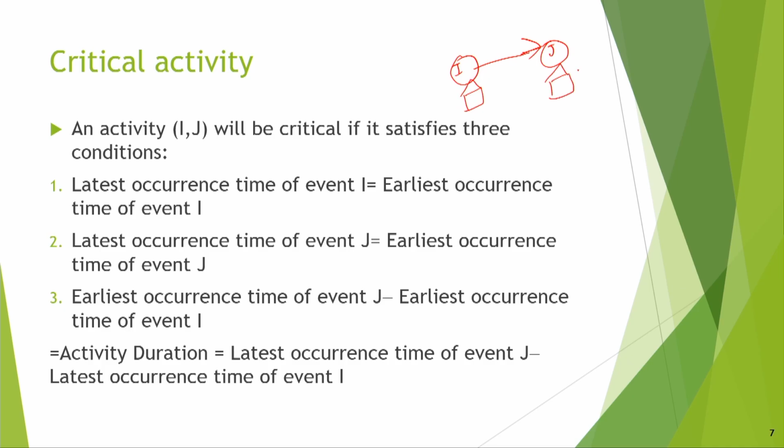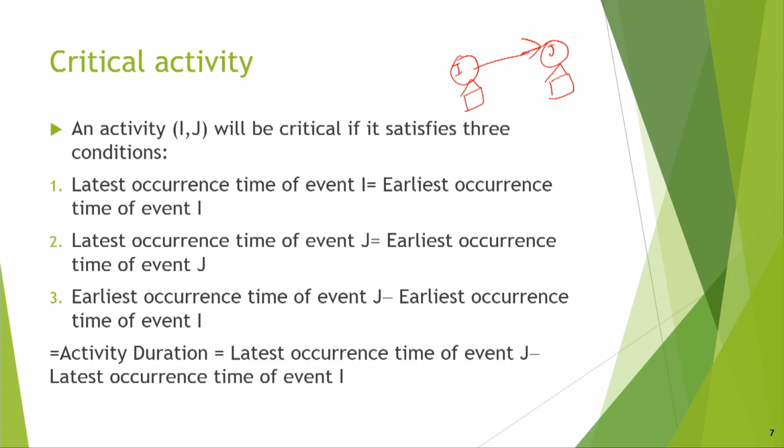And the earliest occurrence time of event j minus the earliest occurrence time of event i is equal to the activity duration, and that can also be written as the latest occurrence time of event j minus the latest occurrence time of event i.